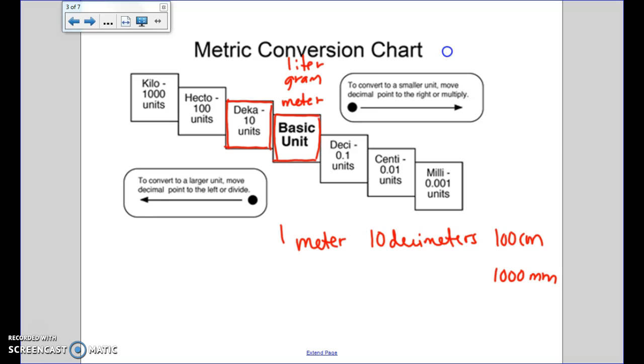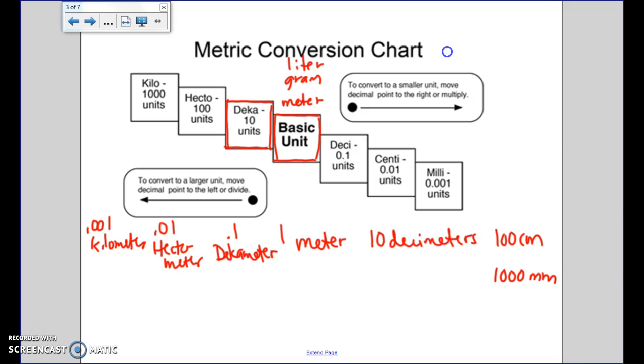And then the same way around, 1 meter is only worth 1/10 of a decameter, and 1/100th of a hectometer, and 1/1,000th of a kilometer.